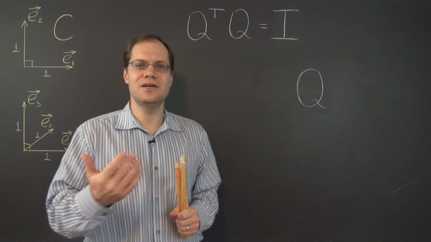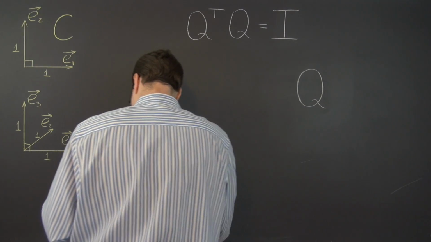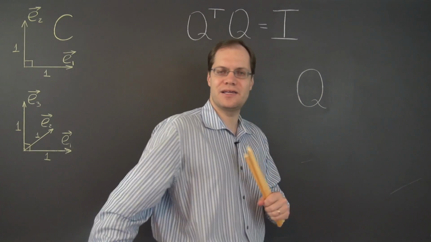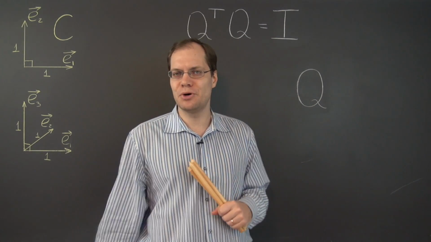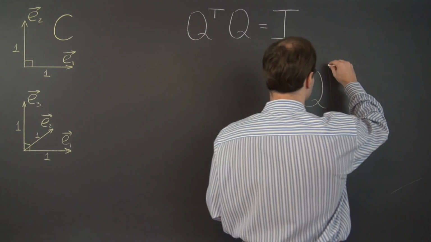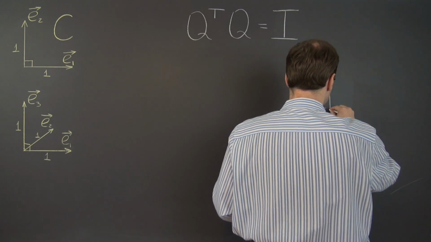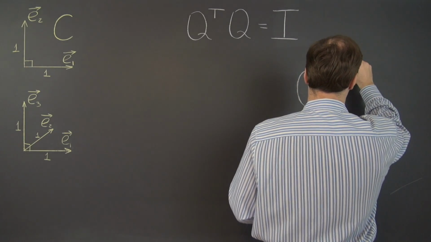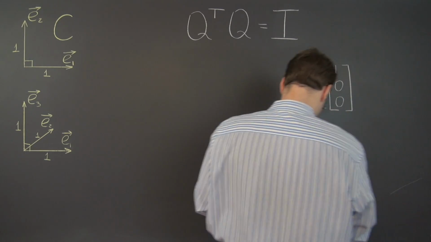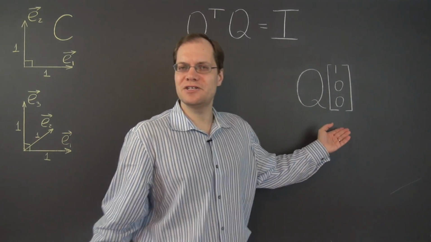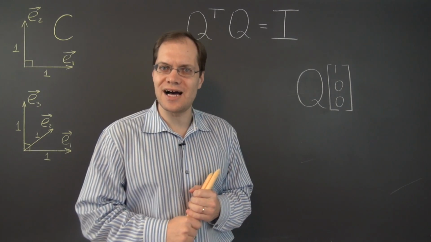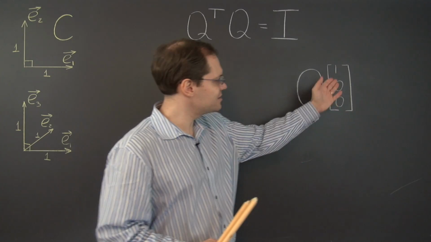But we're working with E1 now, so let's see what happens when we apply this transformation, the transformation represented by Q, to E1 in component space. Well, we have to multiply this matrix by the vector of components, 1, 0, 0. All right, and what's the result of this matrix product? Well, of course, it's the first column of Q. This is a column picker.